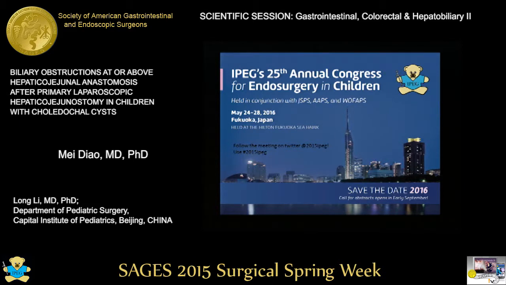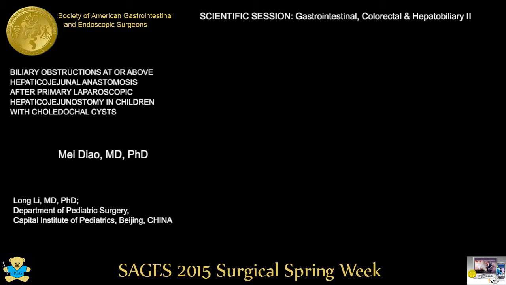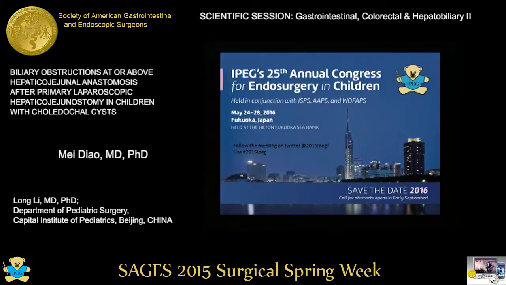In my opinion, if the patient has symptoms like abdominal pain, abnormal liver function, or jaundice, it is the indication for redo. So whenever the symptoms are there, as early as possible.